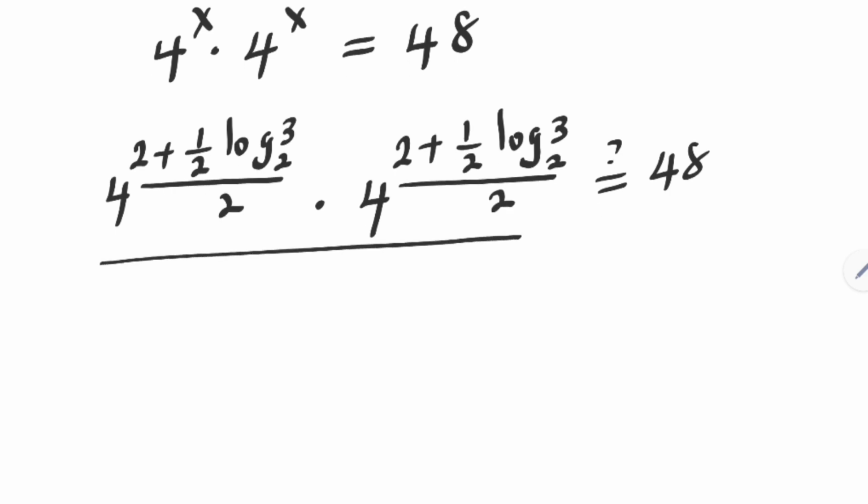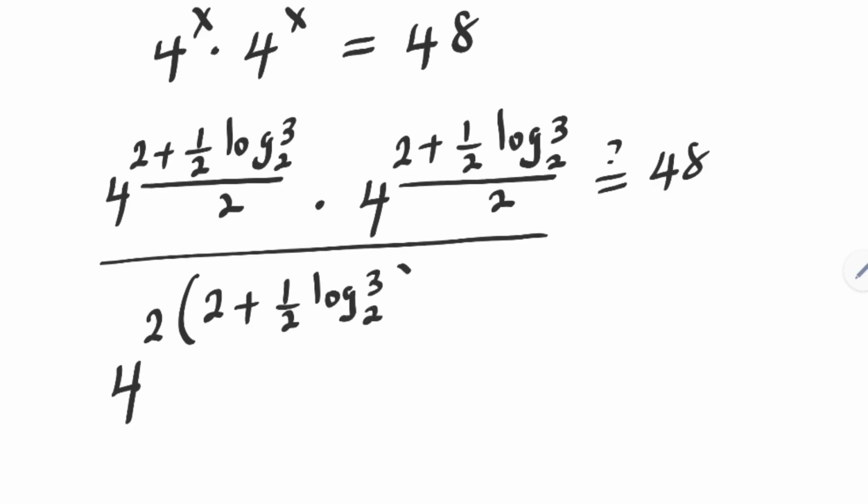Then the whole of this can be written as 4 raised to power 2 bracket 2 plus 1 over 2 log 3 base 2 divided by 2. These two cancel these two. This must be equal to 48.